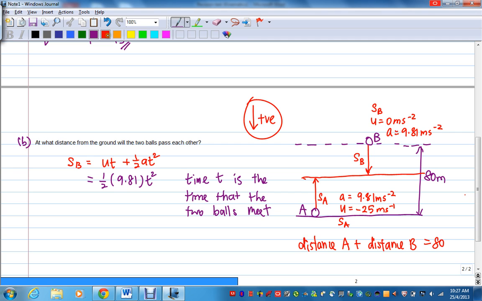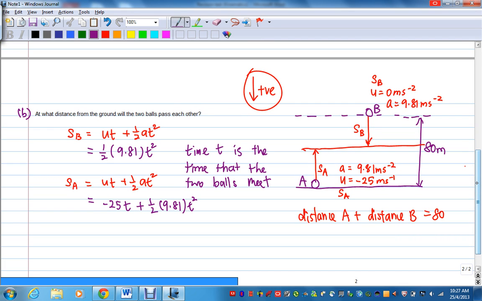Then for distance SA, let's use the same formula, ut plus half at squared. So ut is minus 25t, plus half times 9.81 t squared. So that is my SA.